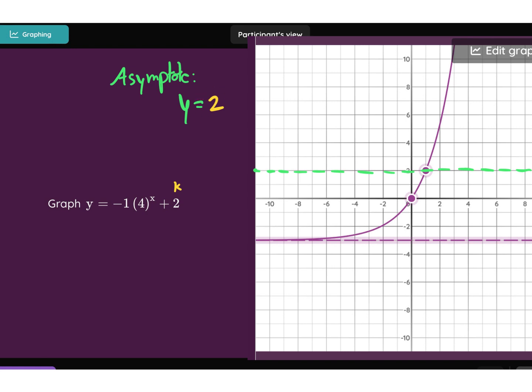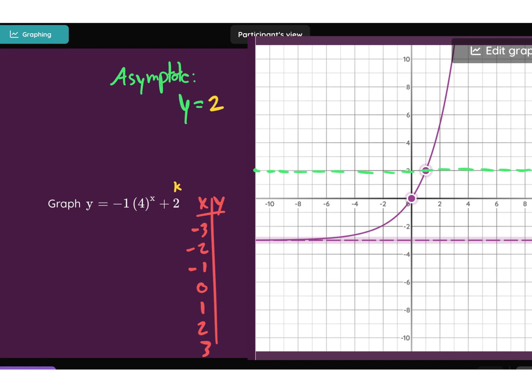So again, on paper, I would say to make an input-output table and plug in consecutive integer inputs. And normally, I would say ignore k, get your coordinates, and then shift them 2 units up. But since we only need 2 coordinates, we might as well include the k when we do the inputs and the outputs, okay?